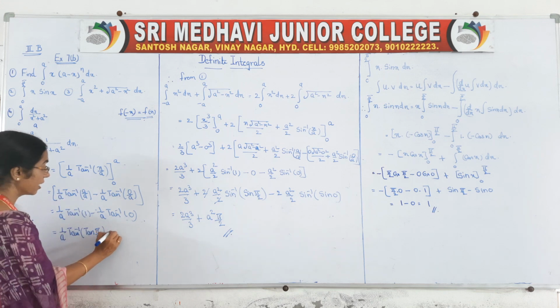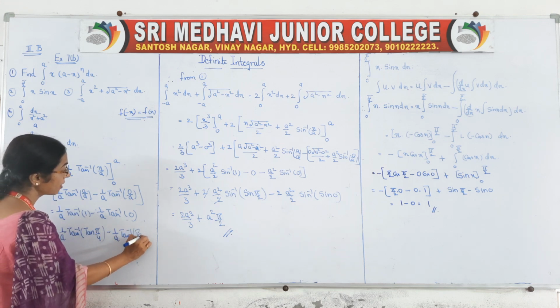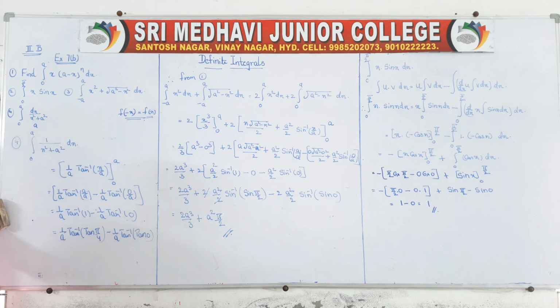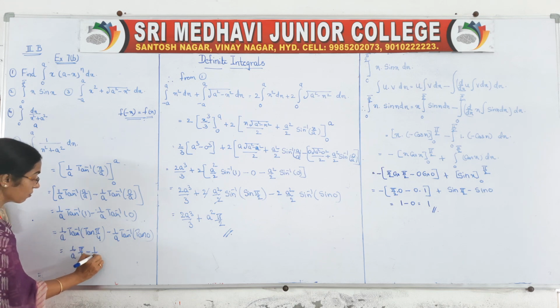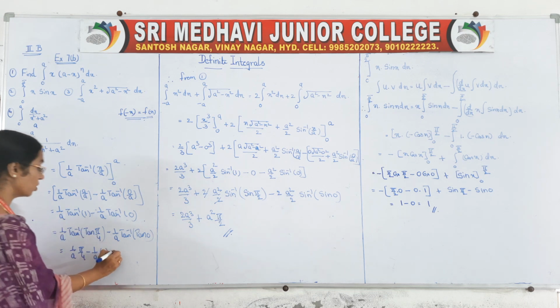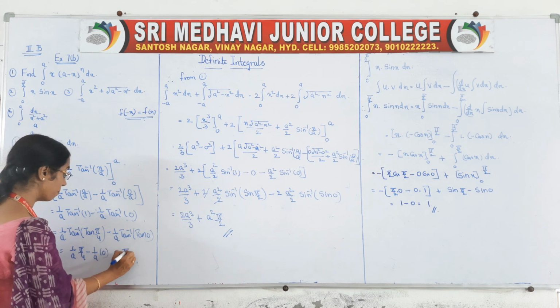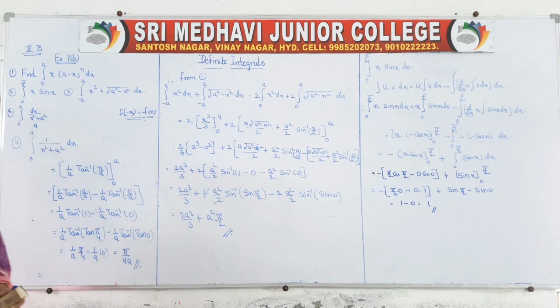Similarly, 1 by a tan inverse of tan 0, and tan 0 is 0. So it is equal to tan inverse tan cancel, 1 by a pi by 4, minus 1 by a, that is 0. So it is equal to pi by 4a, which is the answer of this question.